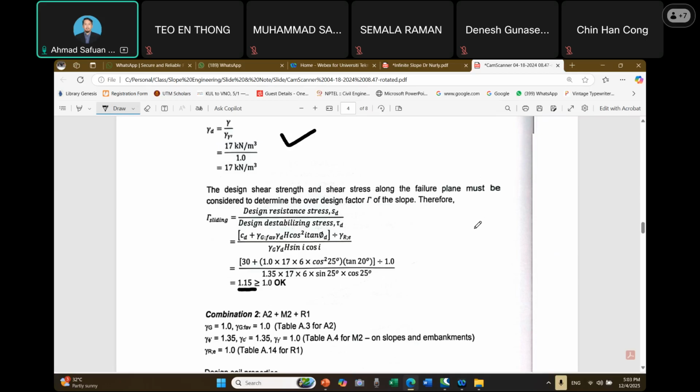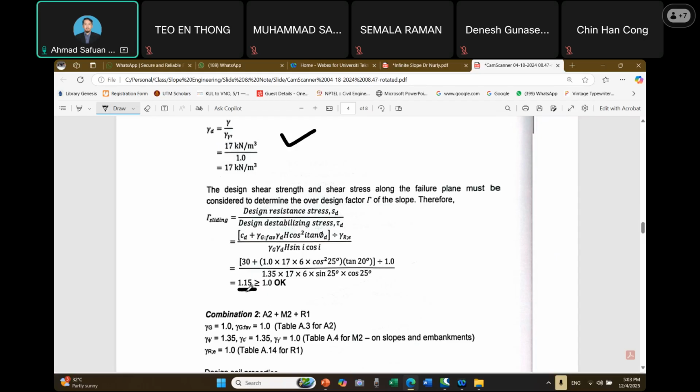We calculate it as 1.15. So although the value is less than 1.5, based on the EC7 approach, an overall design factor greater than 1 is okay.